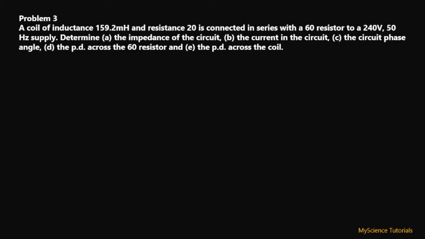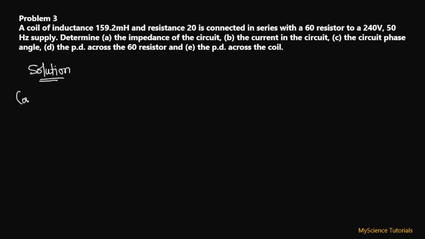So this is a very interesting question. Let's go ahead and write down our solution. Now for us to understand this particular question, let's have a look at the parameters that we have. We've been told a coil has an inductance.